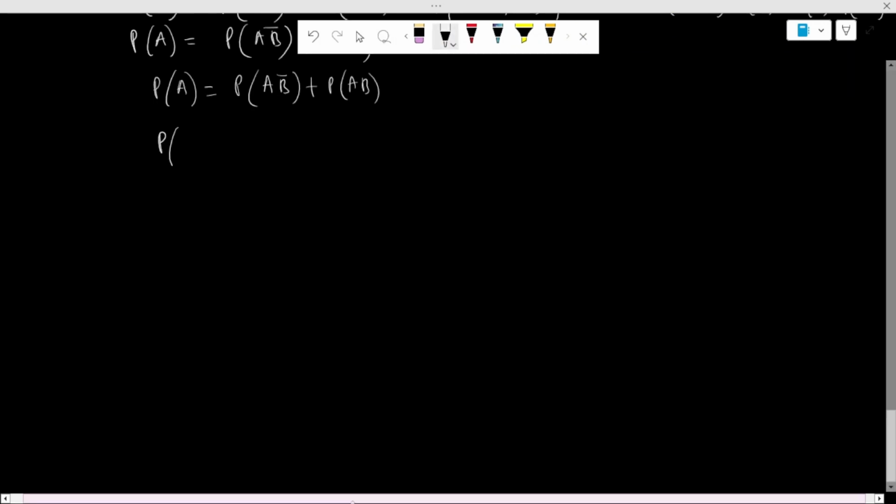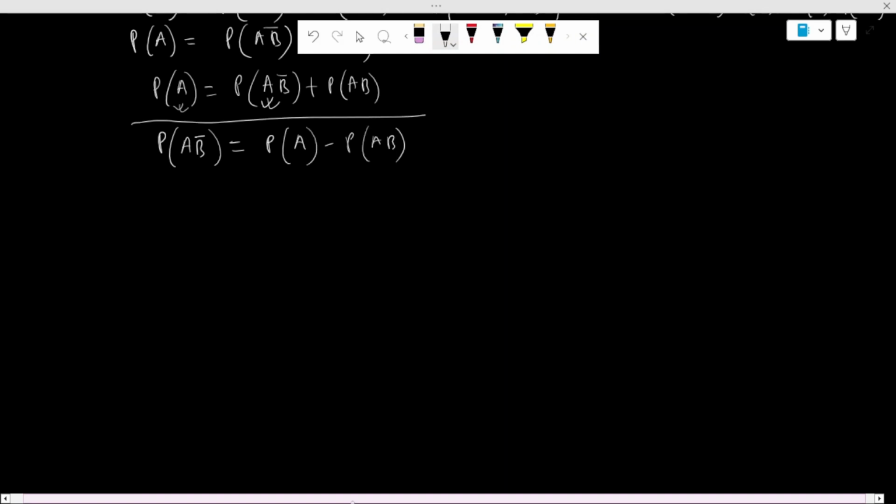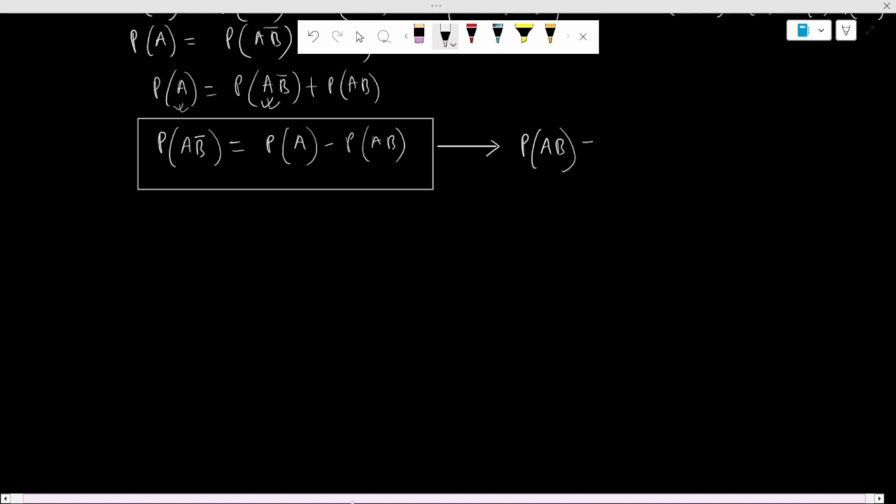So probability of A B complement is equal to probability of A minus probability of A B. So we got this relationship, and here we are going to make an assumption. In our previous video we have already said that when two events are independent, the probability of their intersection is equal to the product of their individual probabilities.